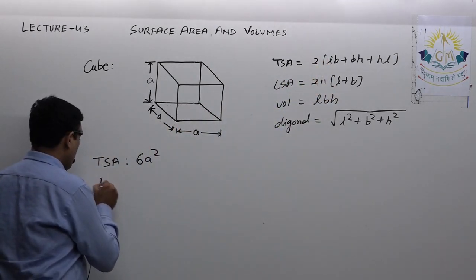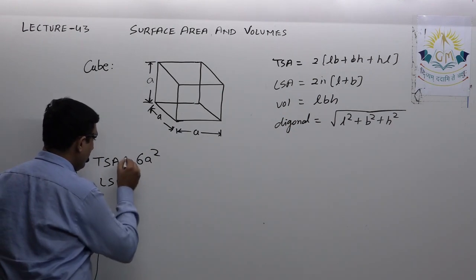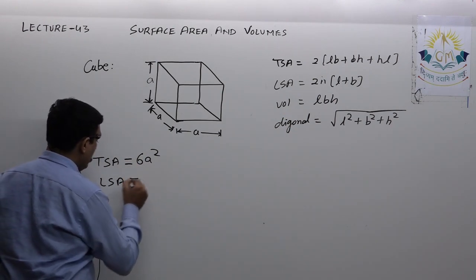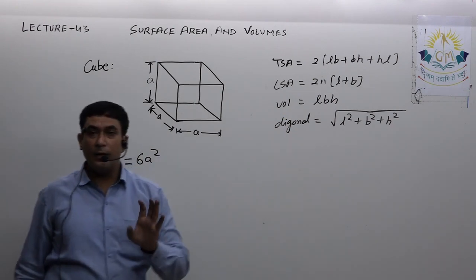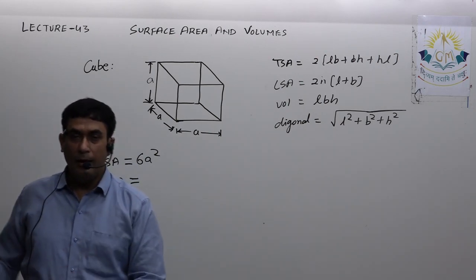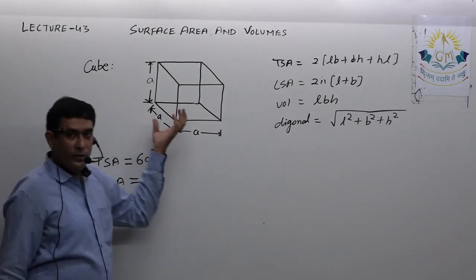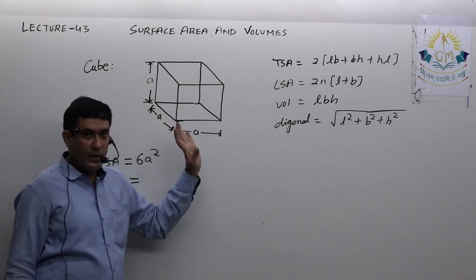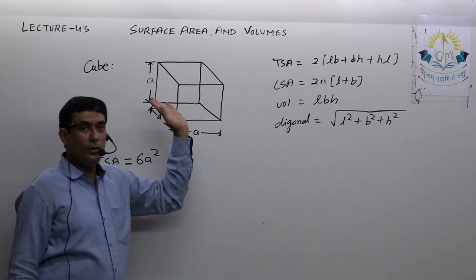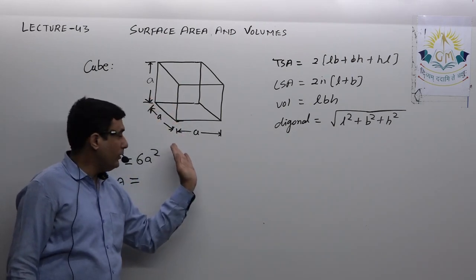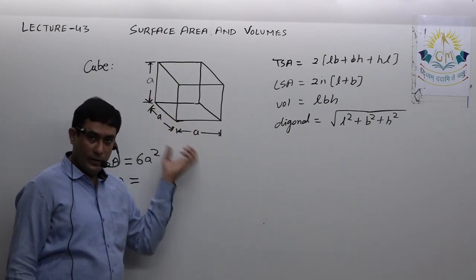Now the lateral surface area. We know lateral surface area means area of four walls excluding the top and the bottom. There are six surfaces, and all surfaces have area a square. We have to exclude the upper surface, that is a square, and the bottom surface, that is again a square.